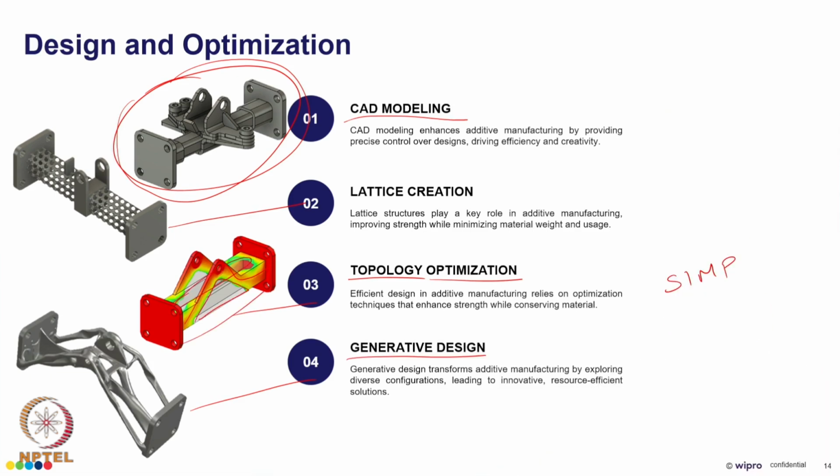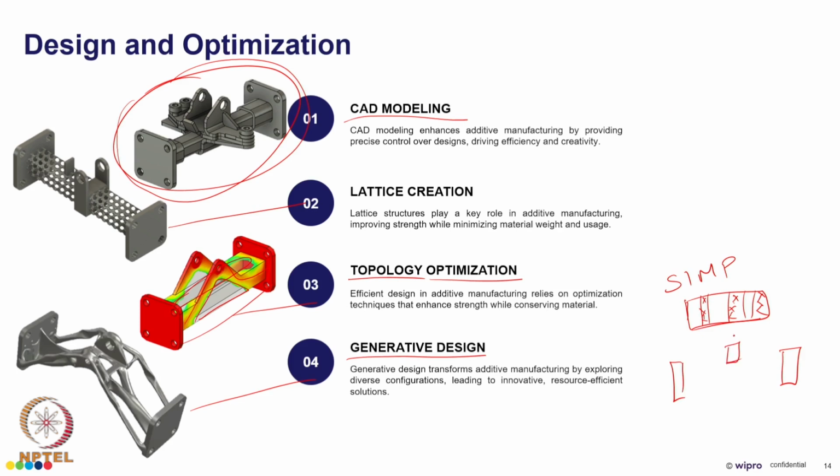And coming to generative design, when compared to the previous topology optimization, we basically provide a billet of material, that means a volume of material from which some portions are removed. That means where the material is not required, that is removed. But when it comes to generative design, we provide boundary conditions.